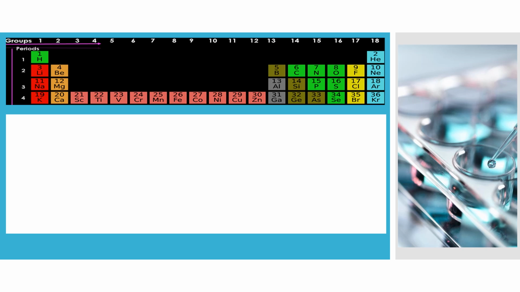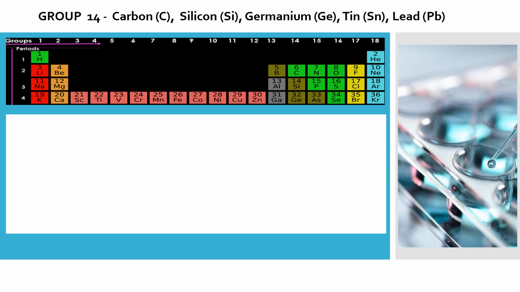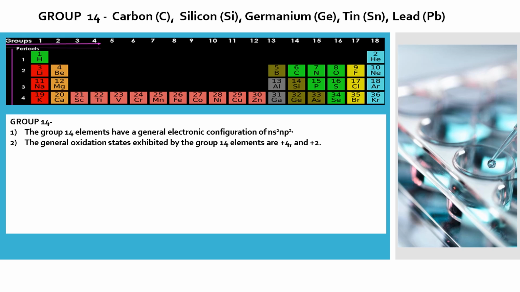Now coming to group 14, it consists of carbon, silicon, germanium, tin, lead and so on. These group 14 elements have a general electronic configuration of ns2 np2. So 4 valence electrons. The general oxidation states exhibited by this group are +4 and +2.